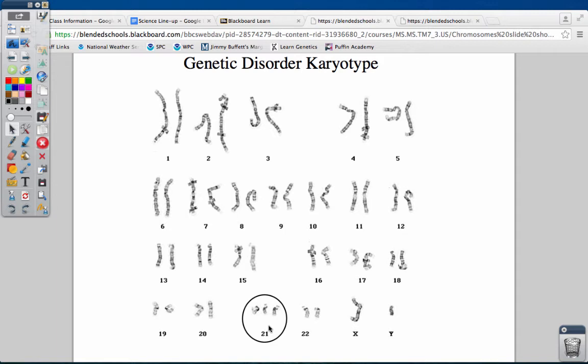Having 3 chromosomes on the 21st is called trisomy 21, more commonly known as Down syndrome. So this is an easy way to see if there's some sort of genetic disorder involved in the karyotypes.